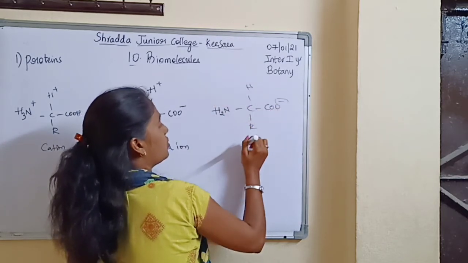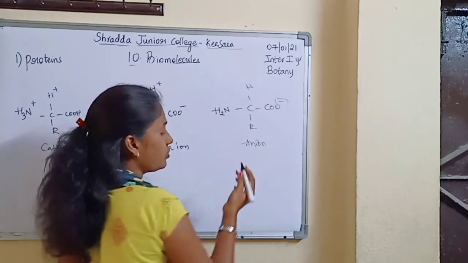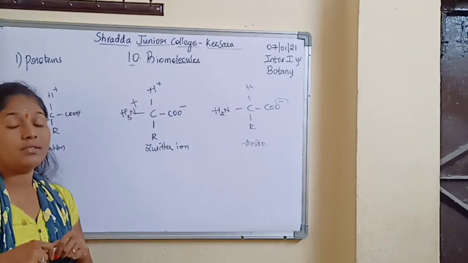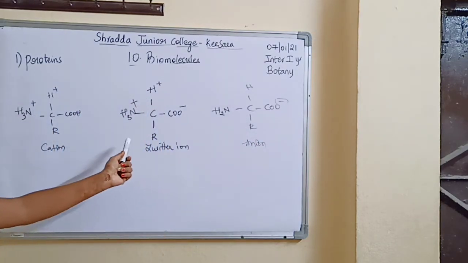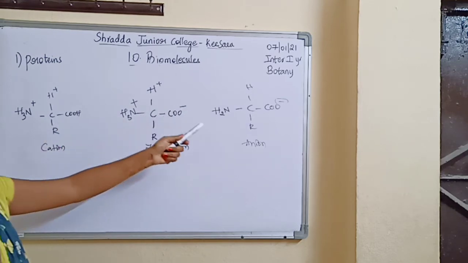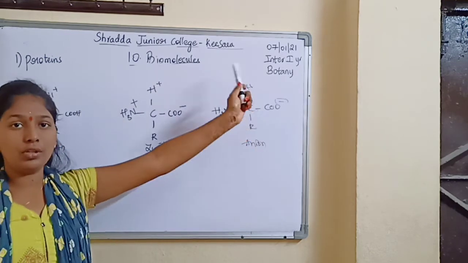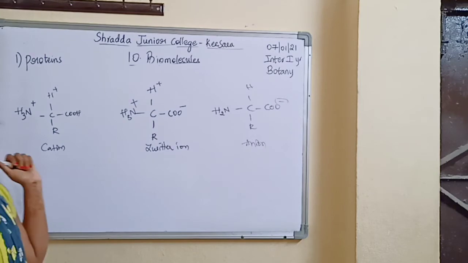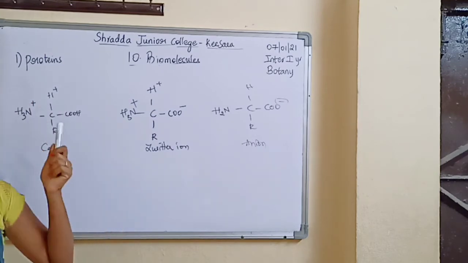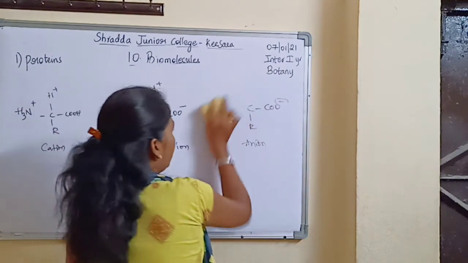This is negative, so this is an anion. With this we are explaining that this zwitterion shows a dipolar nature. There is a positive ion and a negative ion. The anion has this structure, and the cation has this structure. Okay, so this is all about the introduction to proteins.